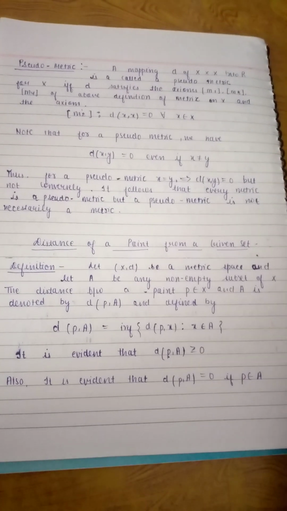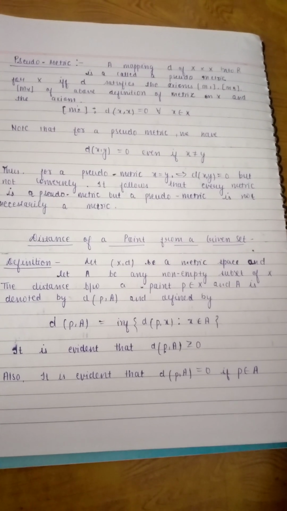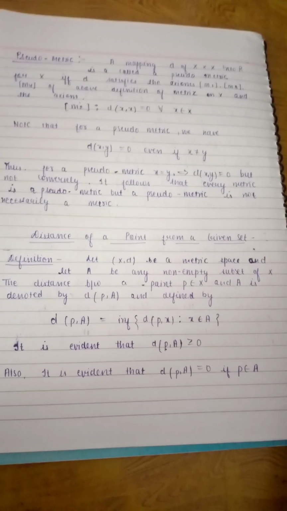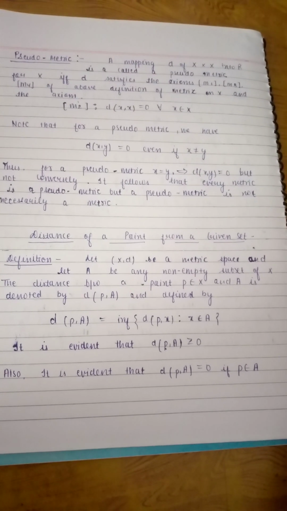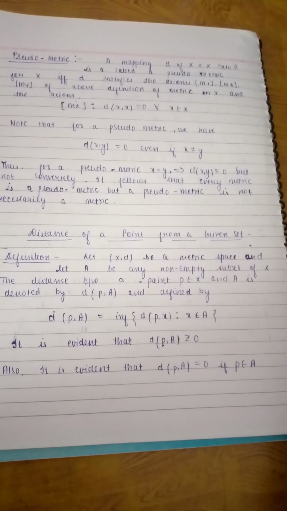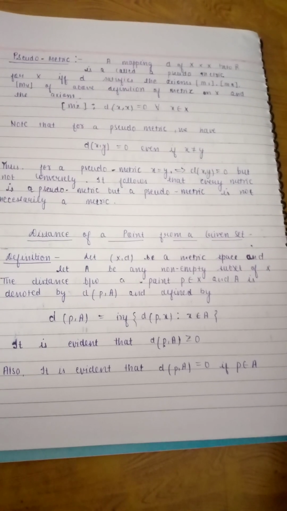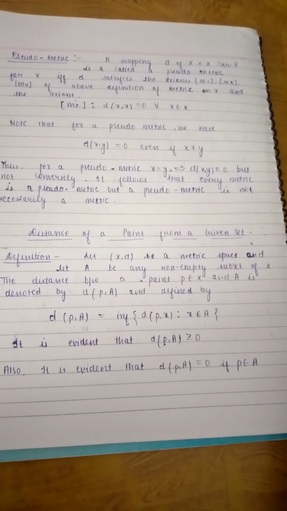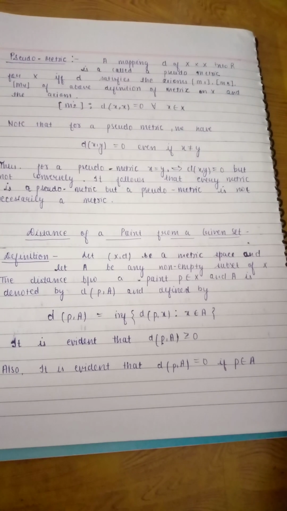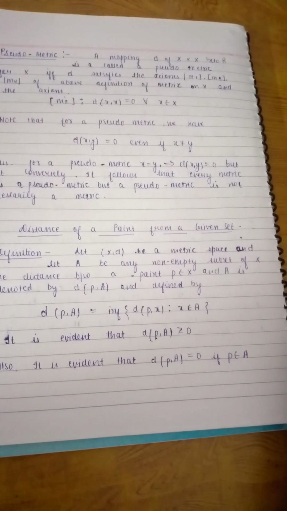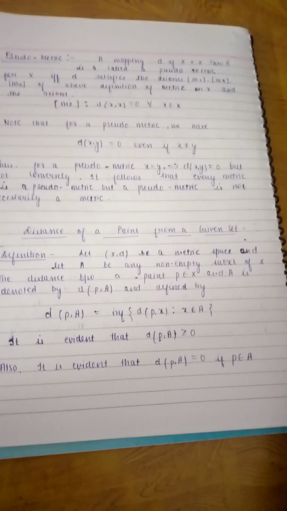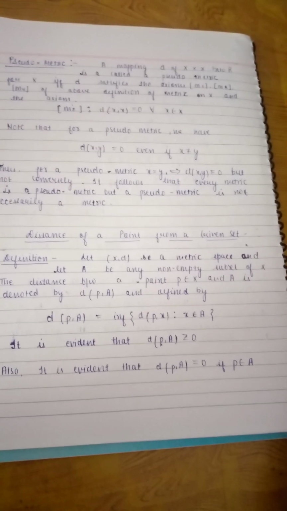Now, distance of a point from a given set. Its definition is: let (X, d) be a metric space and let A be any non-empty subset of X. The distance between a point P belonging to X and A is denoted by d(P, A). Here P is the point and A is any non-empty subset.